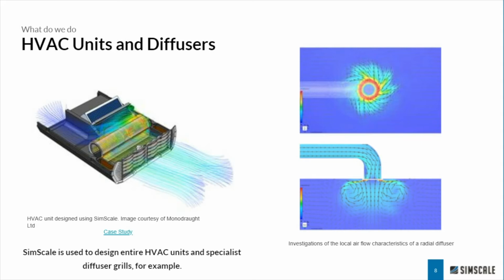So with SimScale, our customers can choose the optimal type of diffuser and the placement and the sizing of the diffusers to ensure they have the required air mixing and air exchange rates in a specific classroom or office room setting.